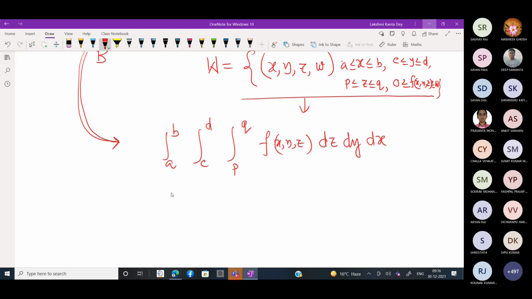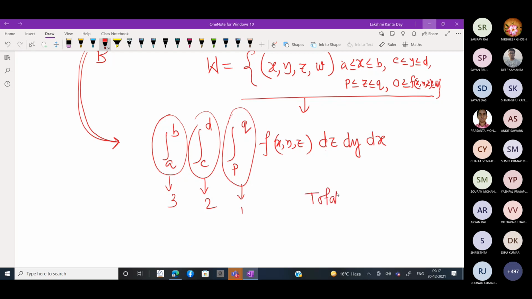So how many choices for this first one? 3. How many choices for the next? 2. How many choices for the last? 1. So the total number of iterated integrals is 3 into 2 into 1, that is 6.